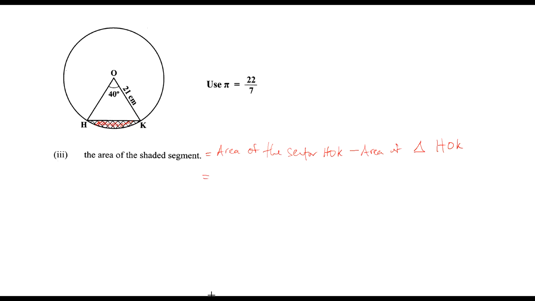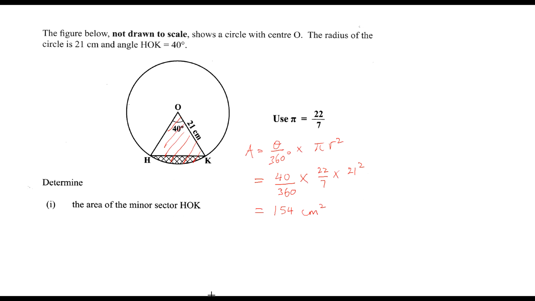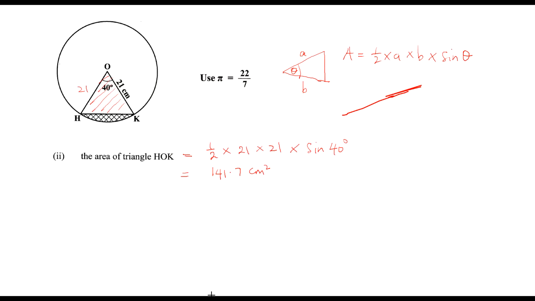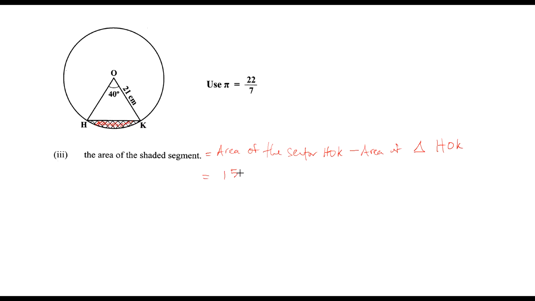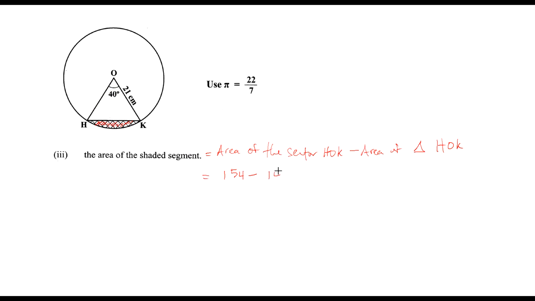So this will be equal to 154 minus 141.7, which will give us 12.3 cm squared.